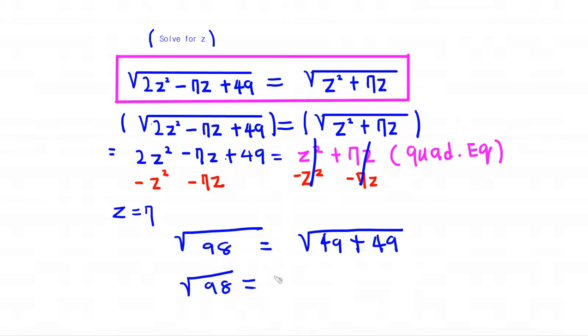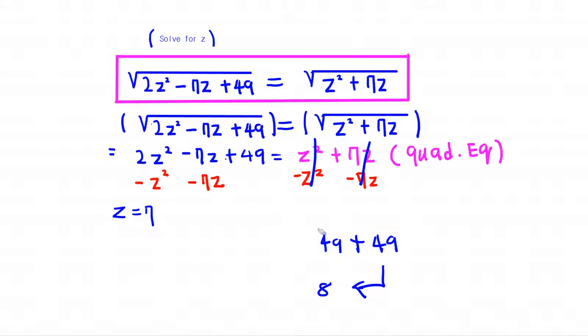Thus the value of z is 7, and this solution satisfies our equation. This was the first example of solving a square root equation.